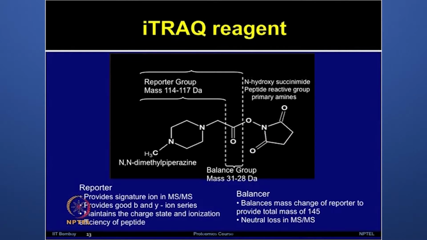It provides good B and Y ion series, and it maintains the charge state and ionization efficiency of peptides. Whereas the balancer group balances the mass change of the reporter to provide a total mass of 145, neutral loss in MS-MS mode.